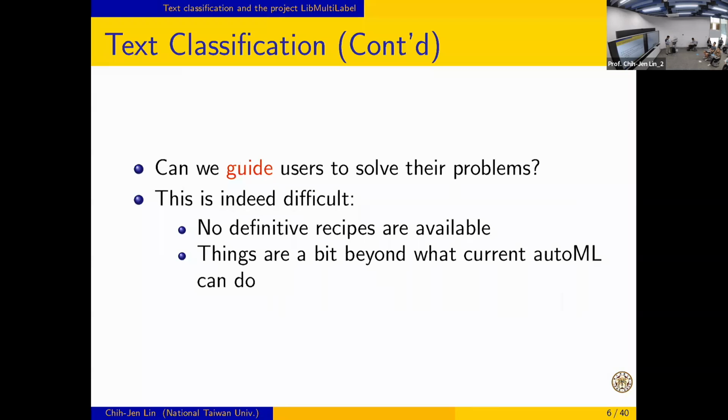It's not easy. Things are a bit beyond what current automated machine learning can do. Usually, AutoML is good on things such as hyperparameter tuning, those things which are more well-defined. But now we are in a less well-defined situation.